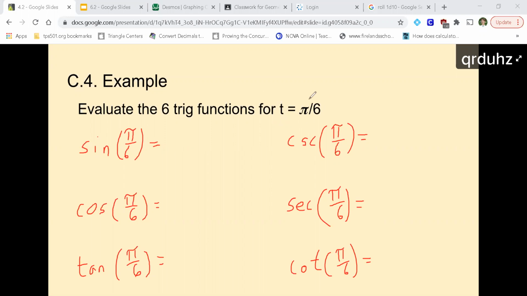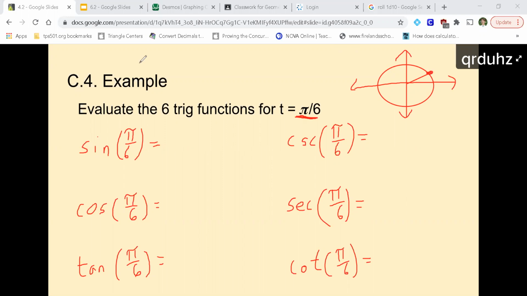All right, so the first thing that you'll do is you'll find this angle in that unit circle. So if you look at your unit circle, roughly like that, you should find that pi over 6 is this first angle. It's the same as 30 degrees.